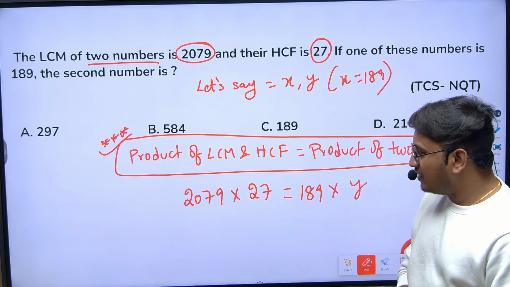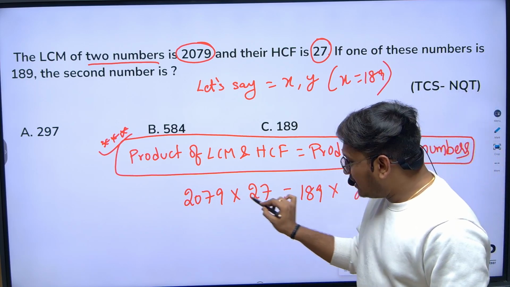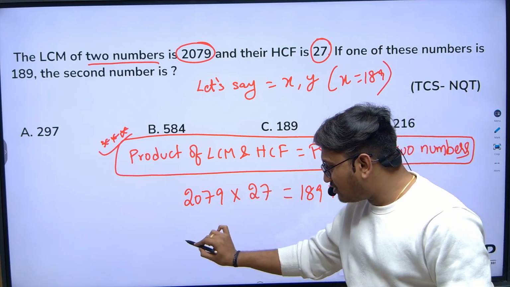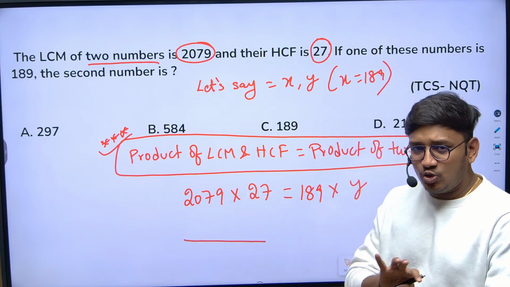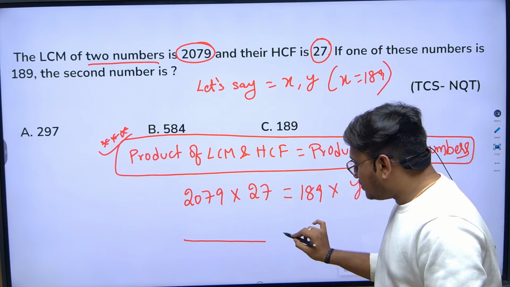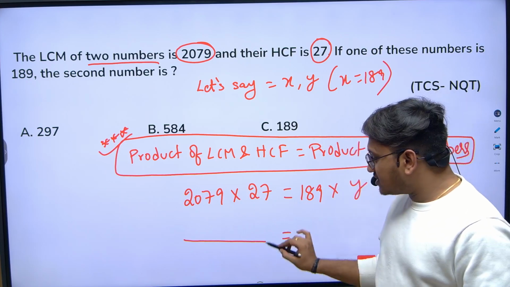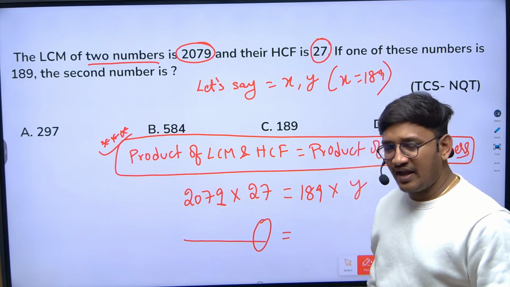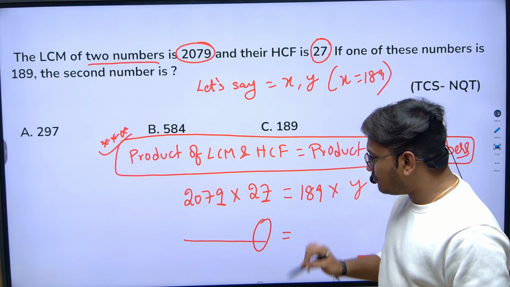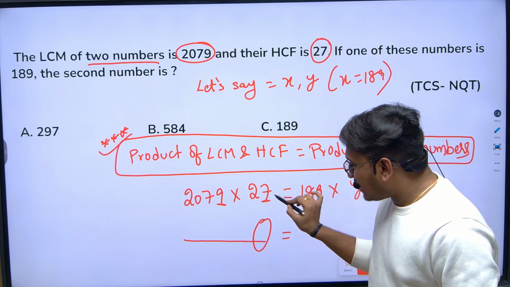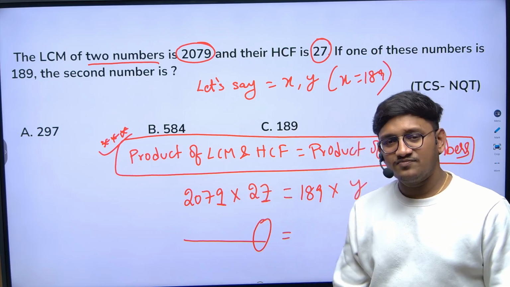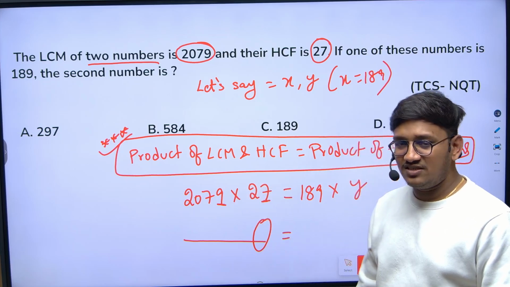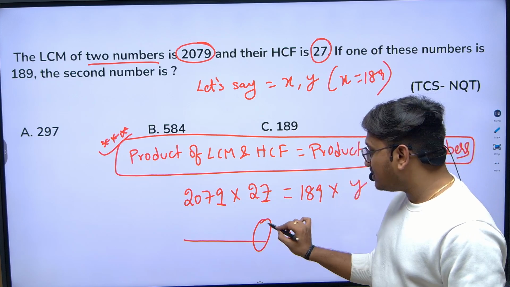Listen carefully here. If I multiply these two values, I will get one answer, but I don't want the entire answer. I'm just cross-checking with the units place. What is the units place of this number? 9. What is the units place of this number? 7. What is 7 into 9? 7 nines is 63, right? That number ends with 3.